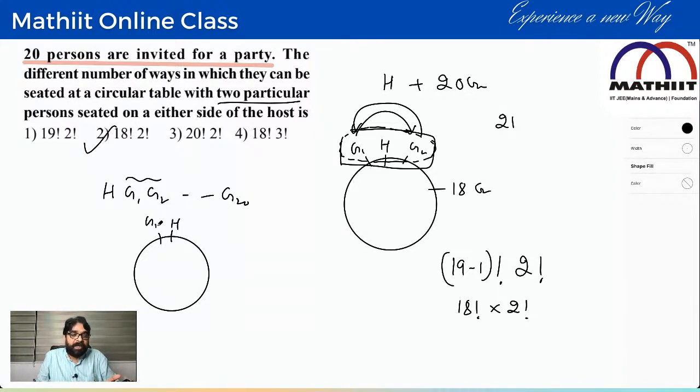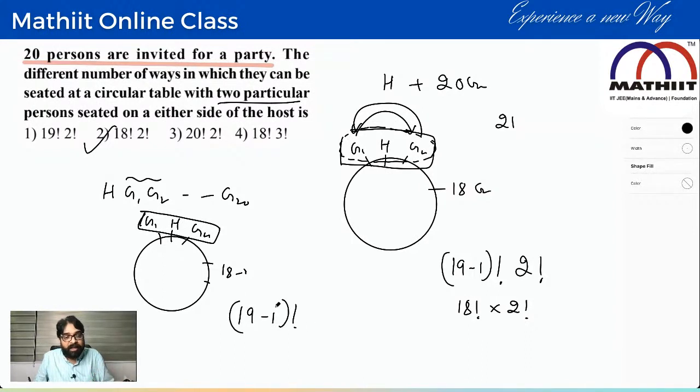So suppose G1 came here, G2 came here. Now they should be inside a box. So how many objects are left? H gone, G1, G2 gone, so only 18 guests left. So 1 box object and 18 of these. So total 19 objects. So 19 minus 1 factorial is the arrangement, into 2 factorial because G1 and G2 can interchange their position by 2 factorial. That's what I said. I hope it's clear now.